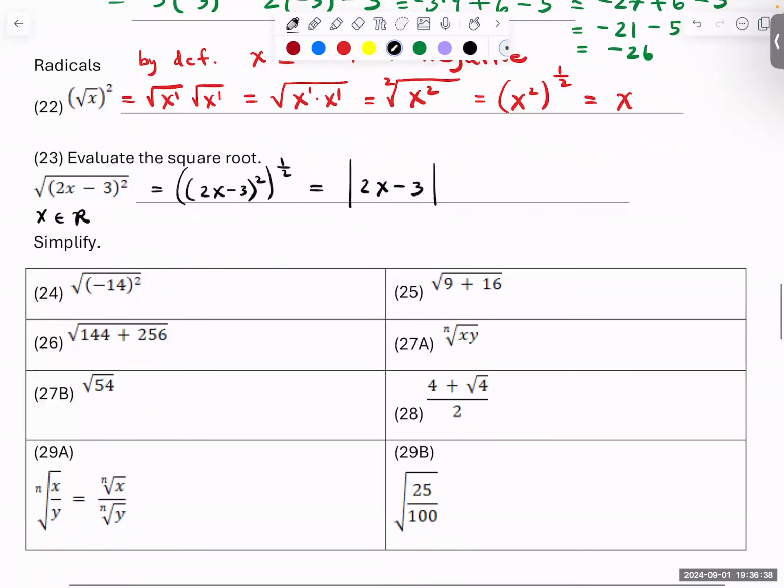Number 24. A principal square root, by definition, must have a radicand that is positive or 0. And since squaring negative 14 will be a positive result, we can rewrite this as the principal square root of positive 14 squared.